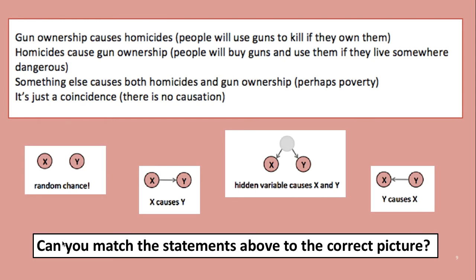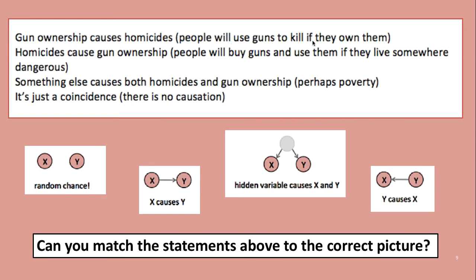So, let's play a little game. Can you match the statements above to the correct picture? We have random chance, X causes Y, Y causes X, a hidden variable causes X and Y, and here we have gun ownership causes homicides.